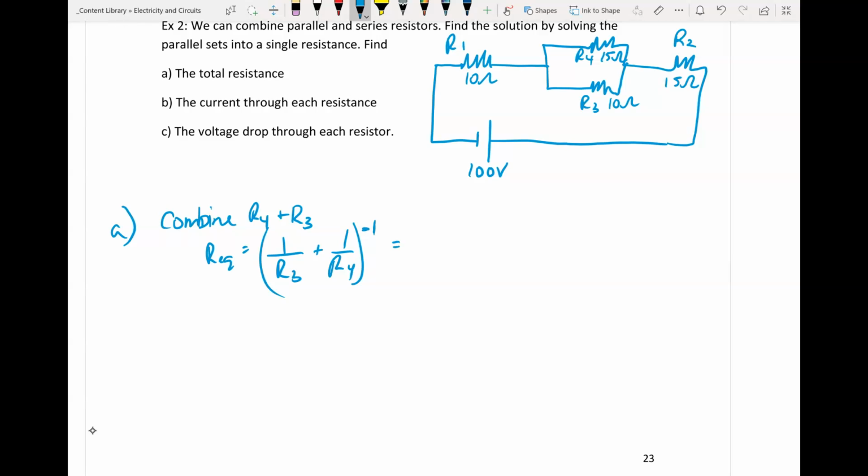So R3 is 10, R4 is 15, 1/10 plus 1/15 is about 0.16 repeating. And then reciprocaled, so 1 over 0.16 repeating is about 6 ohms.